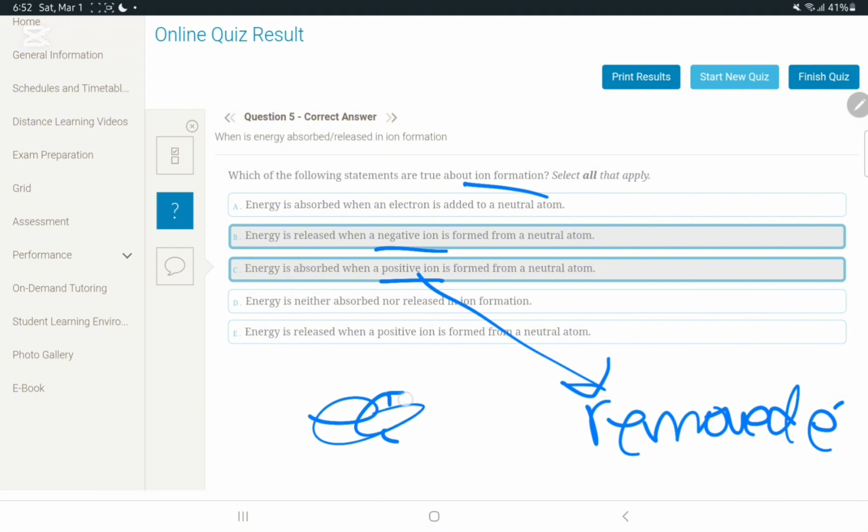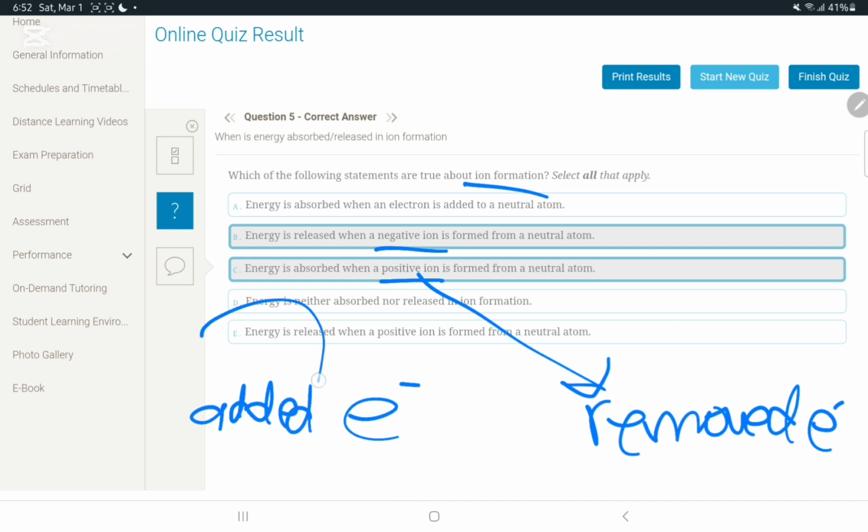Remove the electrons, let's put it as e minus, and here you added electrons. When you add an electron, when it's negative, energy is released, that means it's exothermic.